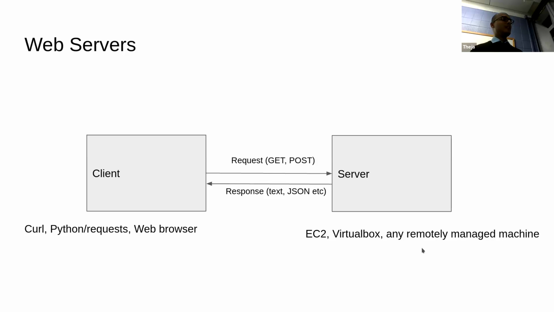That interaction can be done through many different ways of sending bits and bytes through wires and whatnot. But there is a very popular protocol that most of you have heard of. It's called the HTTP protocol, hypertext transfer protocol.